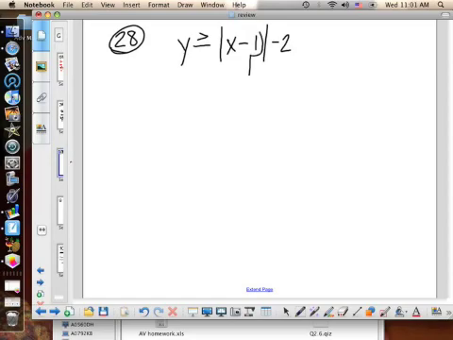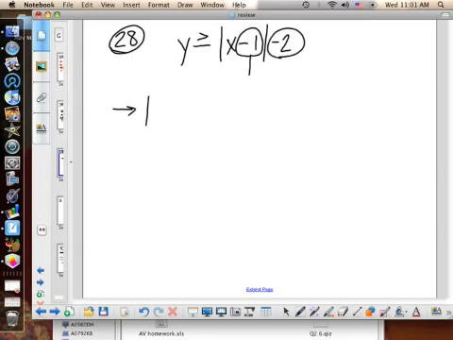If I add or subtract to the x inside the brackets, is that a horizontal shift along the x-axis or a vertical shift along the y-axis? It's along the x-axis. The change is being made to x, so it's along the x-axis. But remember, we always use what sign? The opposite sign. So this is a shift to the right 1 unit.